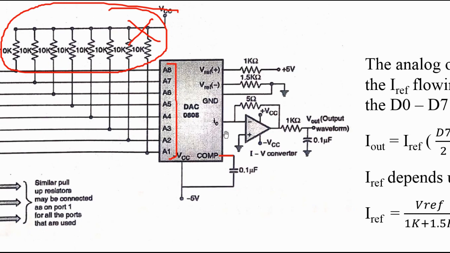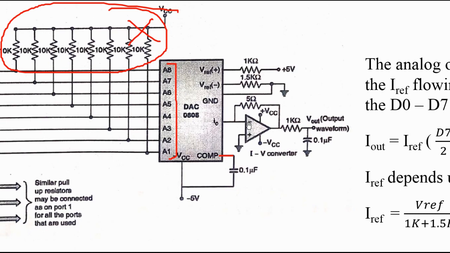Also, there is a resistor connected between the inverting terminal and its output, the output of the op-amp. Here a 5 ohm resistor is connected between the inverting terminal and the output, so it is called feedback, and since it is the negative terminal, it is called negative feedback. Signals are given here at the non-inverting and inverting terminals.